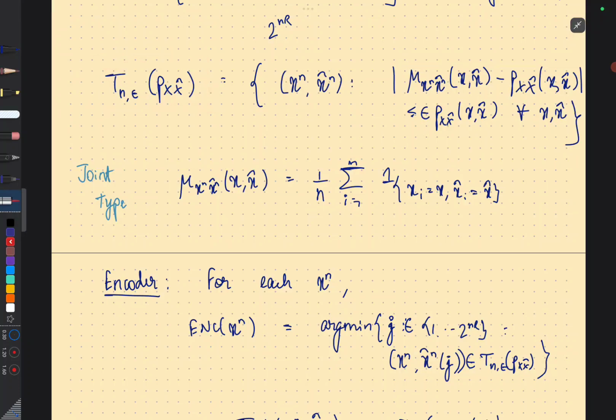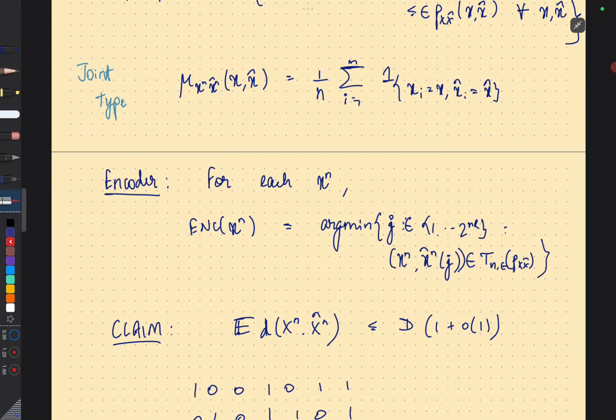For a given joint distribution between x and x hat, this is the set of all pairs of sequences for which the joint type, that is the empirical frequencies of all possible pairs of symbols in these two sequences, is close to the joint distribution between x and x hat. That's how we define this jointly typical set.